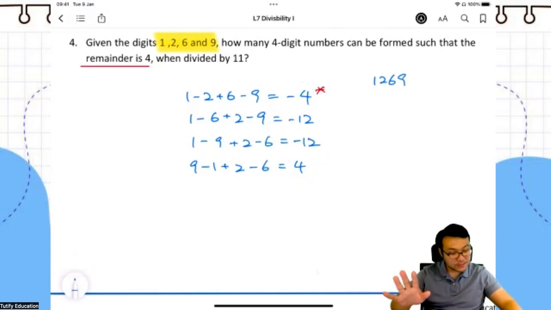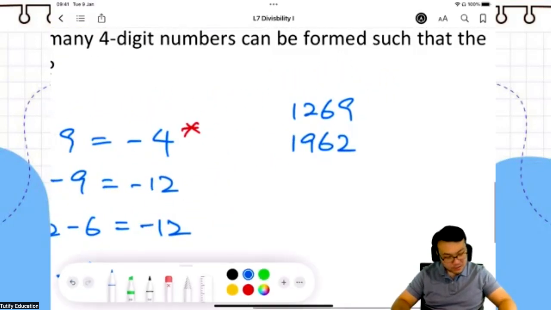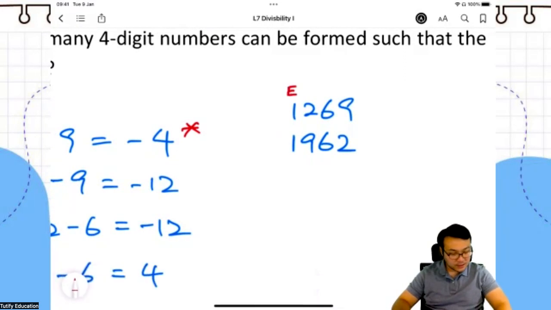I'll give you the first example. I can permutate it like that. I can switch the position of the 2 and the 9. Why? Because do you notice that the first digit is the odd digit because it's digit number 1?